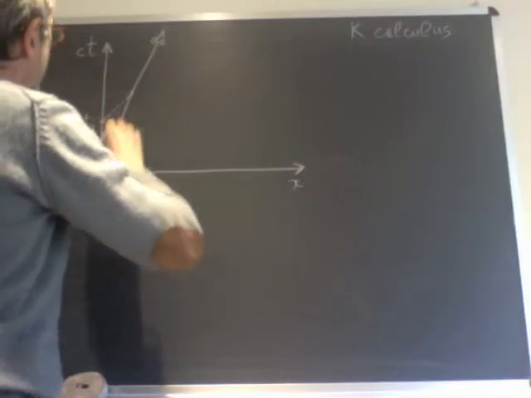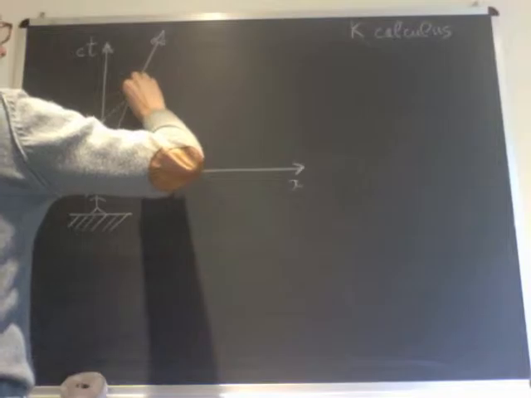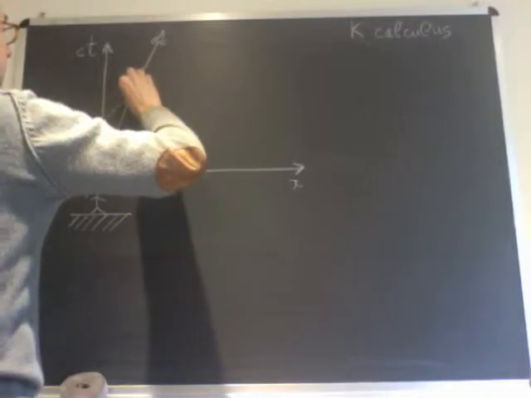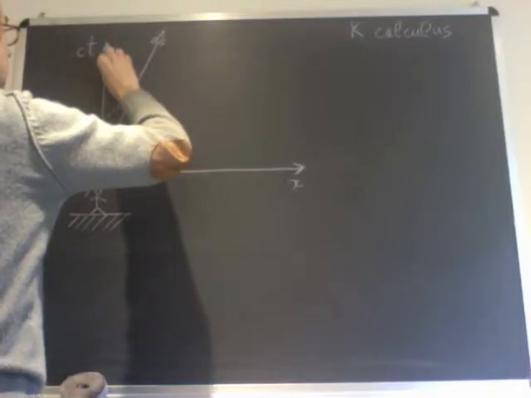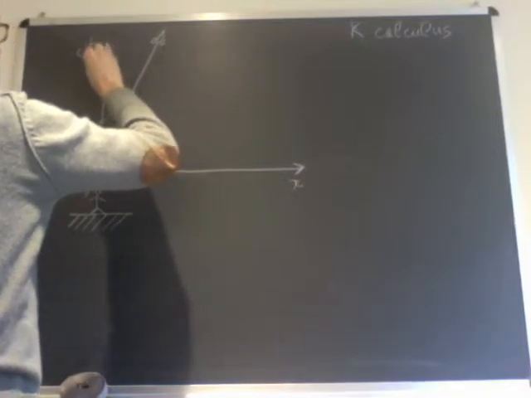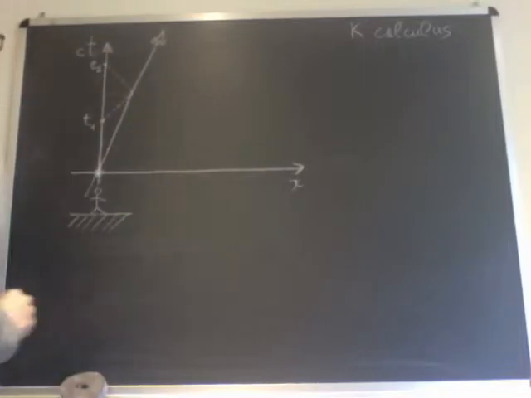Suppose that there is a mirror on the rocket, and the beam of light is reflected back to the Earth and arrives at the Earth at the time t2.